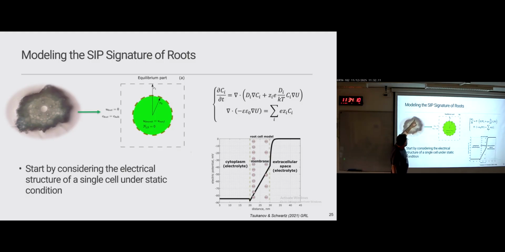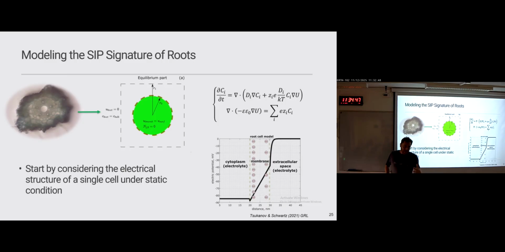So you can see here a cross section of root under the microscope. You can see the root cells. You can also see somehow maybe the root hair that I discussed before. And we took one of those cells and made a simple model where this is the inner part of the cell. The cytoplasm is here inside. We have a membrane here, and we have here the extracellular space.